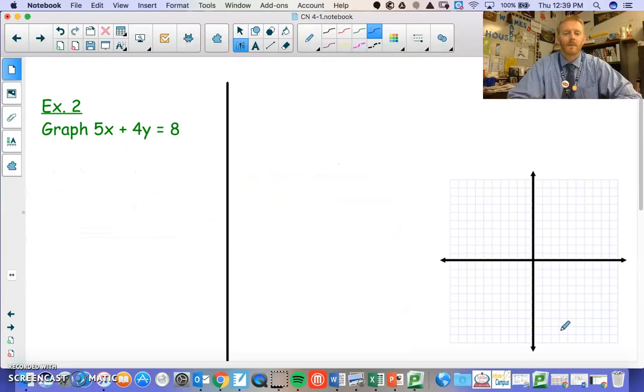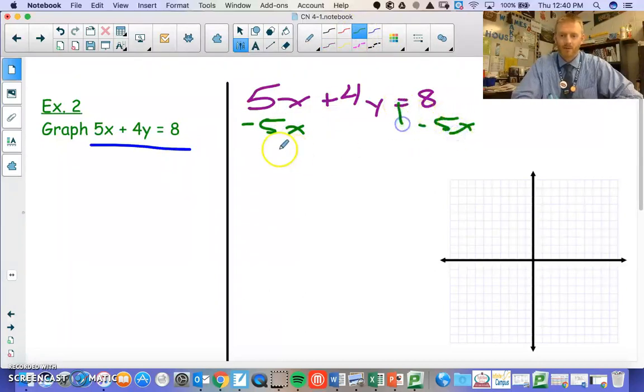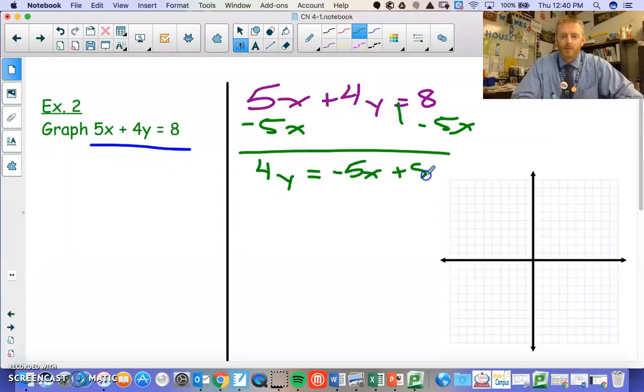All right, let's do another one. Sometimes we get equations that aren't in slope-intercept form, so our job is to put them into slope-intercept form. So 5x plus 4y equals 8. We're going to make it say y equals, so we subtract 5x from both sides, which gets us to 4y equals -5x plus 8.